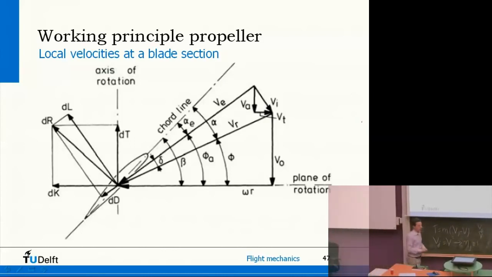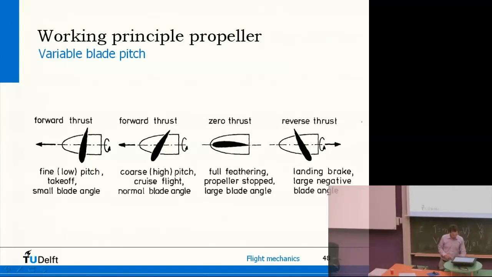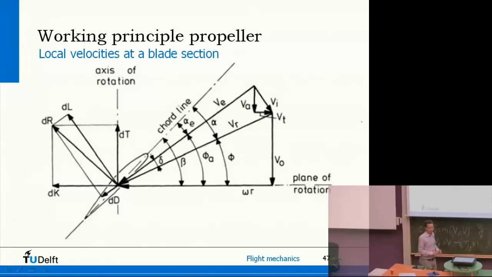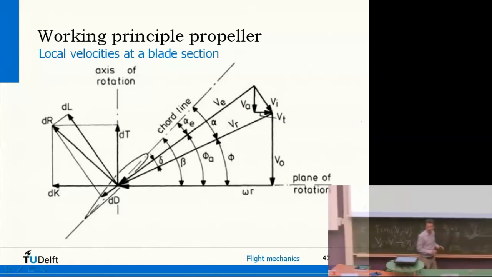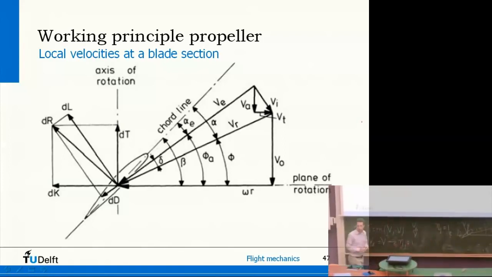But we don't really need that now. All we need to know is that the geometric angle of the profile affects basically the angle of attack of the local blade section, and therefore it affects the lift and the drag.